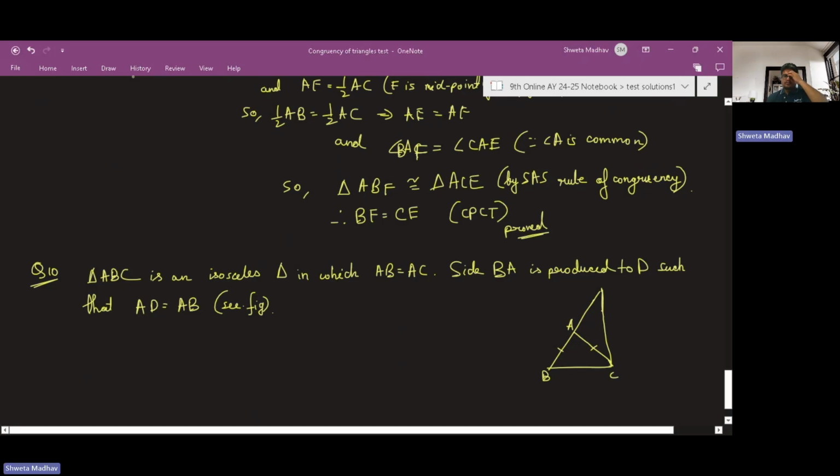The side BA is produced to D such that AD equals AB. So see the figure. The figure is like this. This is triangle ABC, and it is given that AB equals AC. The side BA is produced to D such that AD equals AB.